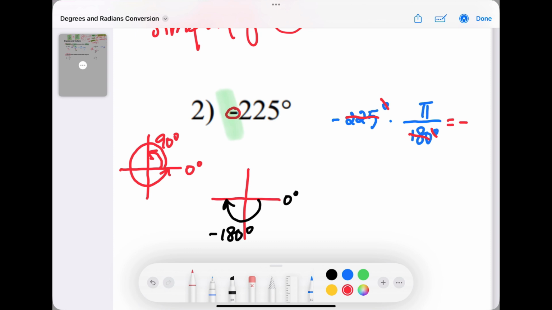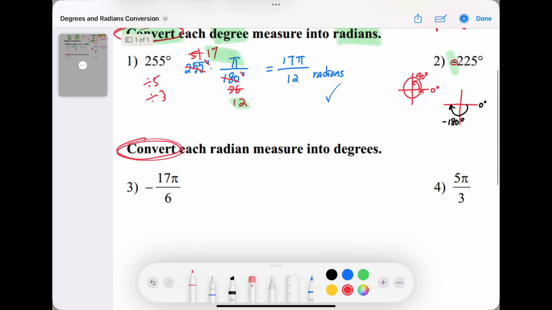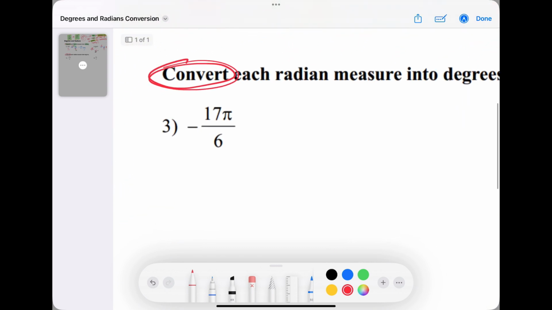I can divide by 5. So 225 divided by 5 will be 45, and 180 divided by 5 will be 36. Can I continue to divide? I can divide by 9. That gives me 5 and that gives me 4. So the final answer will be negative 5 pi over 4, and this will be the radian of the angle.